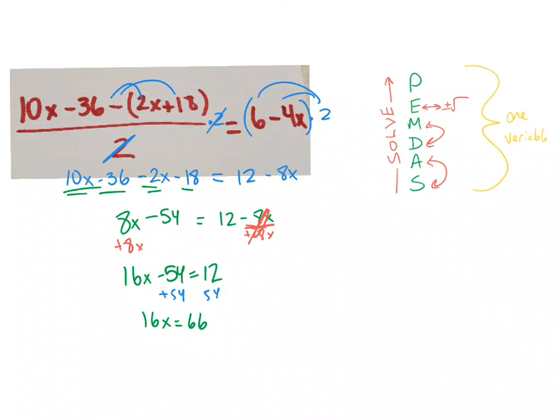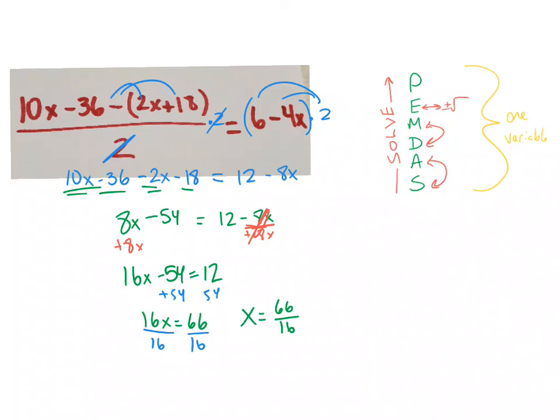Now I'm going to divide both sides by 16. Not 16x, I'm sorry, just 16. You can't divide a variable by a variable to make the variable go away. So I end up with x equals 66 over 16. Right? That is not a simplified answer.